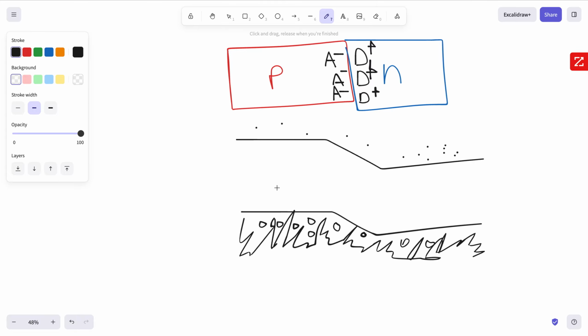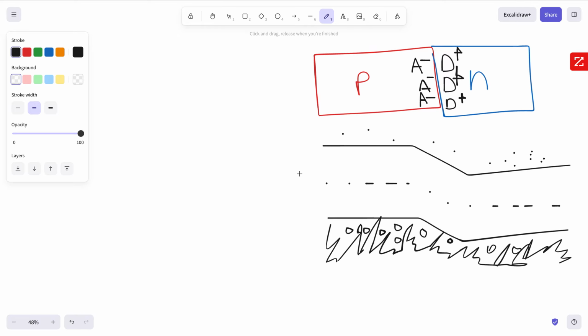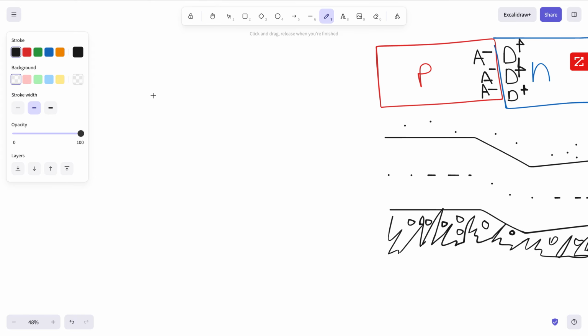Now, the way that we can use the characteristics of a PN junction to create light is if we use a semiconductor that's specifically a direct band gap. Why is that important? To explain how that works, we're going to look at the noodle plot for our PN junction band diagram.